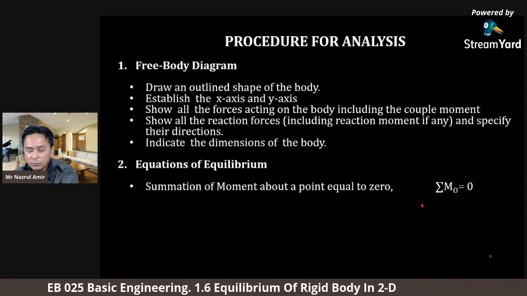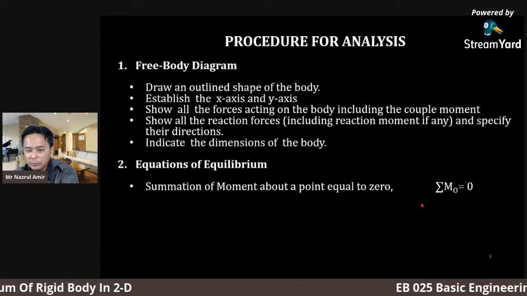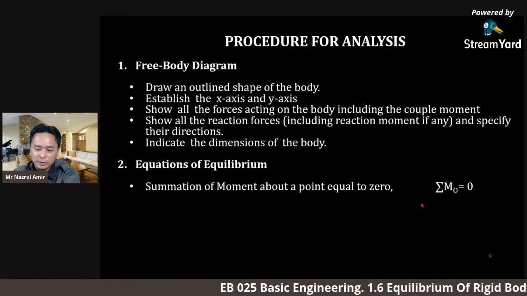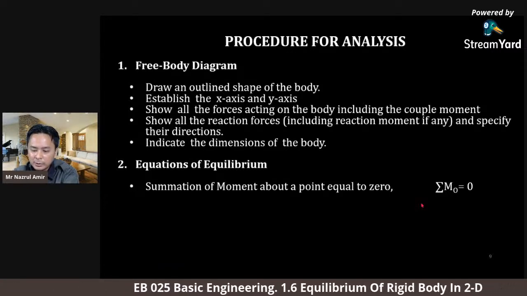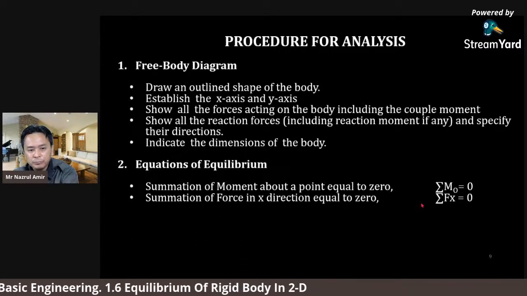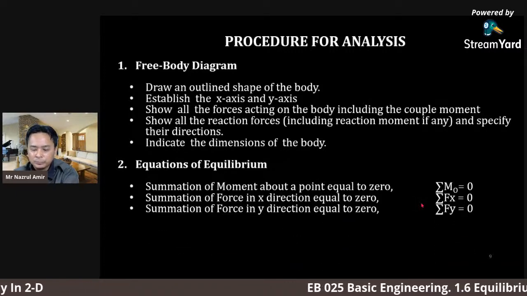Sometimes we have more than one unknown at one point, so we need this summation to eliminate both unknowns, to get to the other unknowns. We will look in detail later. Then we apply the summation Fx equal to 0, and lastly summation Fy equal to 0.